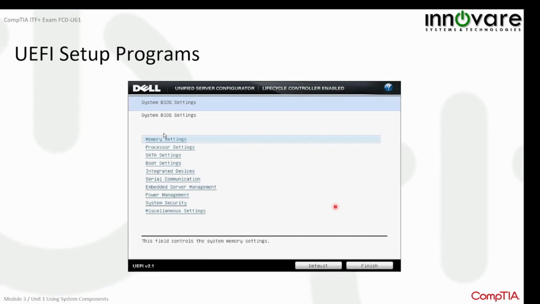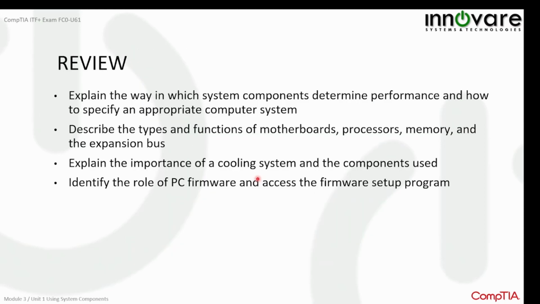And then, yung mga components niyan, diniscuss natin ano mga functions, where it is located, ano mga terminologies or specifications that you should be aware. And we covered also the cooling system, the significance of it. Kung saan yan, ano components niyan, and how it works. And then, of course, the firmware. There are two of them, diba? Yung BIOS and UEFI, that are actually very significant in booting a computer to load the operating system.